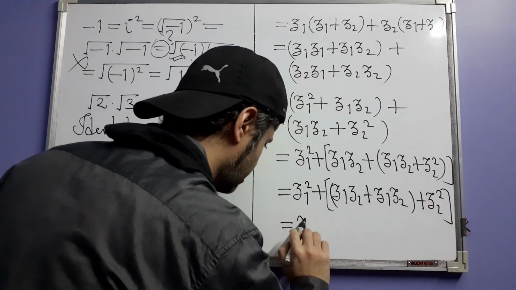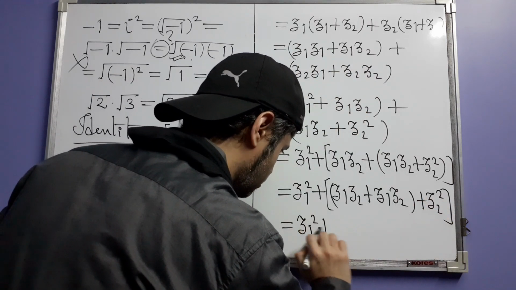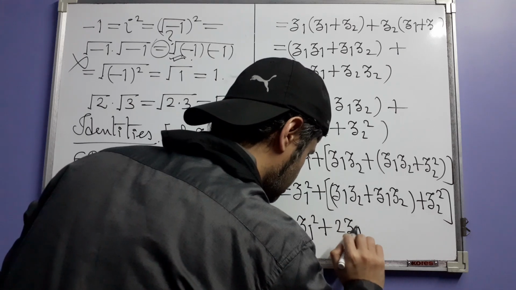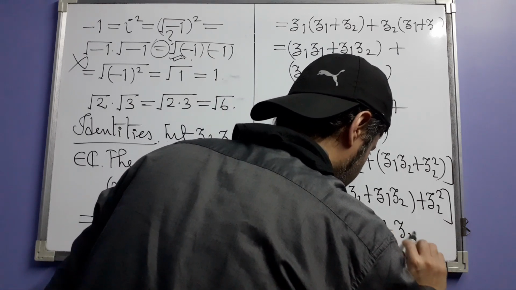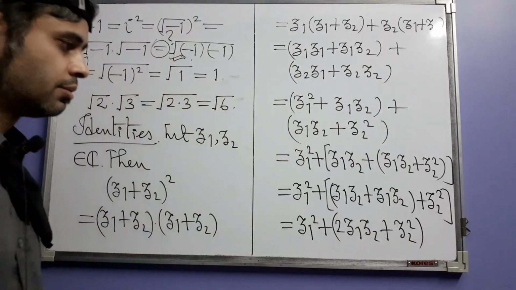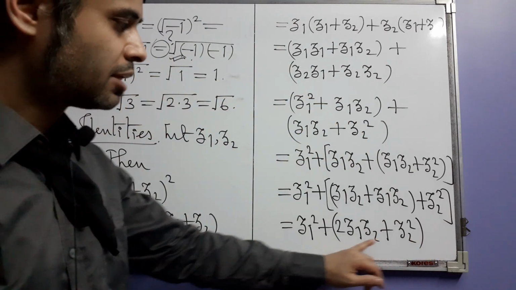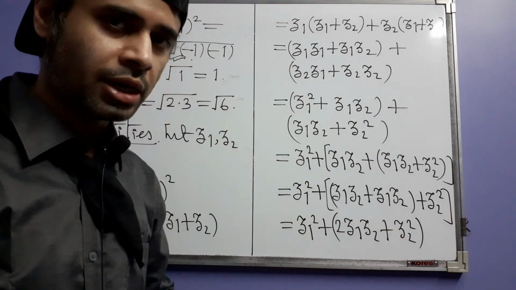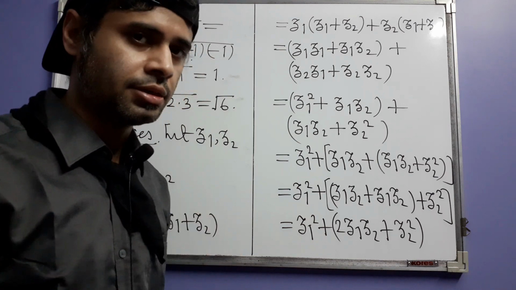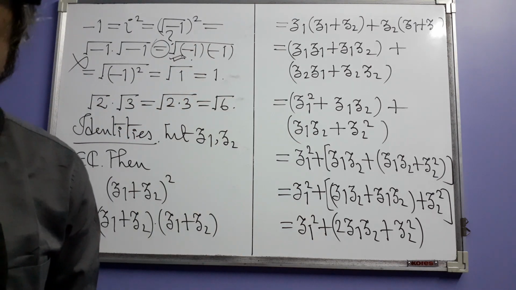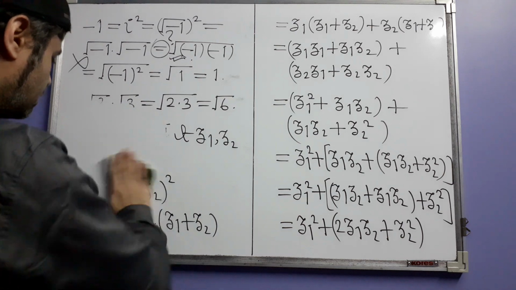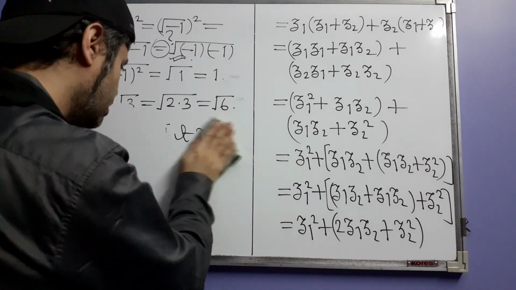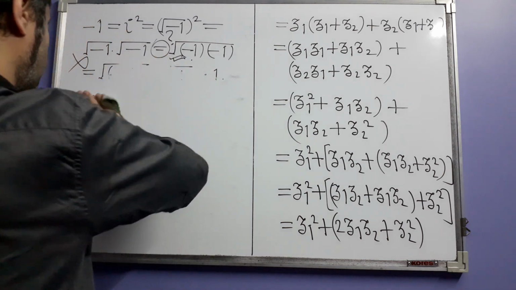And now you can write plus 2 Z1 Z2 plus Z2 squared. But what gives you the liberty to lift the brackets? Again, associative law. If you do not write brackets, what happens is that you get two interpretations of the sum.